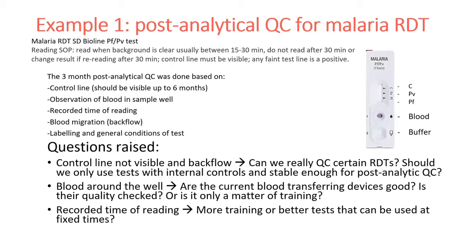For this study, the reading SOP was to let the background clear before reading the test, between 15 and 30 minutes. It was said not to read the test after 30 minutes or reread it after 30 minutes. To give a valid result, the control line must be visible, and any faint test line would be interpreted as positive.